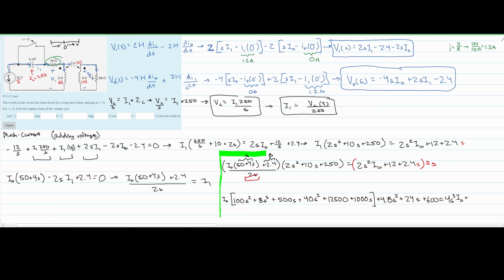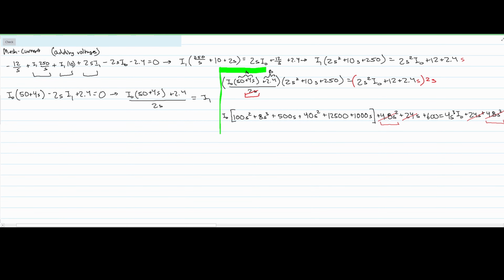We are going to have a plus 24s, and then we are going to have a plus 4.8s squared. Now, if we look at the left and right, we can see some similarities. This is 4.8s squared. This is 4.8s squared. So these will zero each other out. Same thing with this 24s. And this is what we're going to be left with.